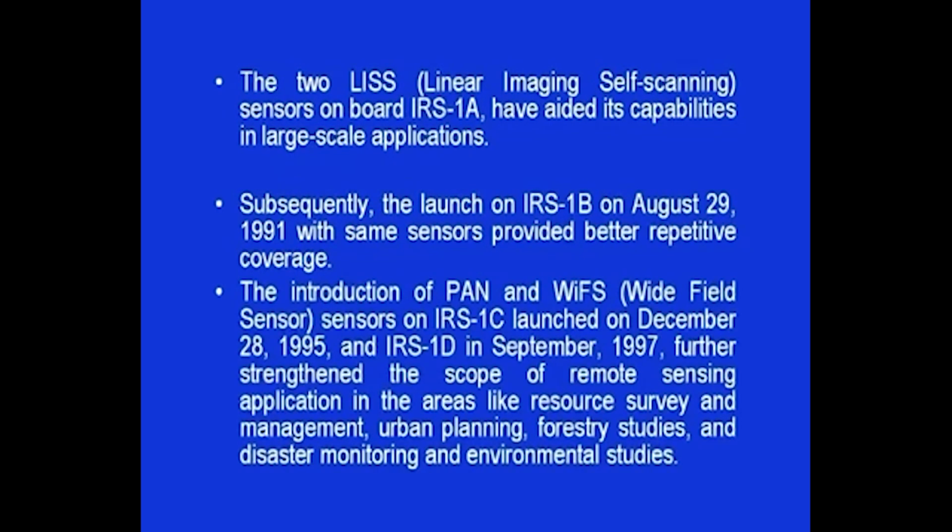The introduction of PAN and WiFS, that is wide field sensor, on IRS-1C launched on December 28, 1995, and on IRS-1D in September 1997, further strengthened the scope of remote sensing application in the areas of resource mapping and management, urban planning, forestry studies, disaster monitoring and environmental studies.